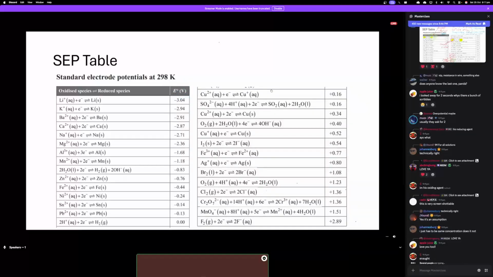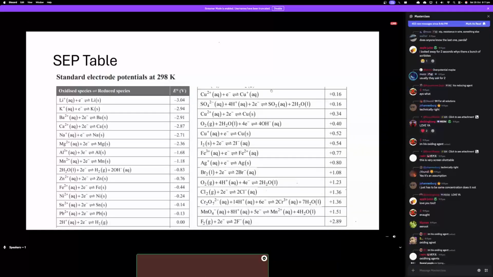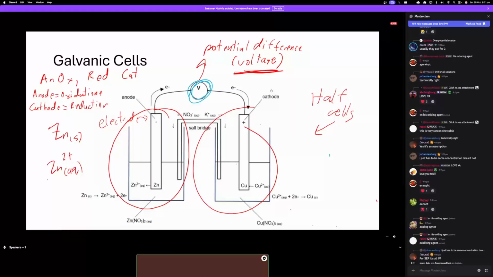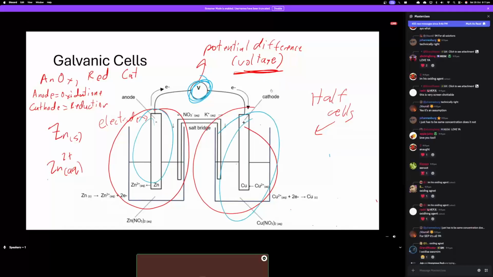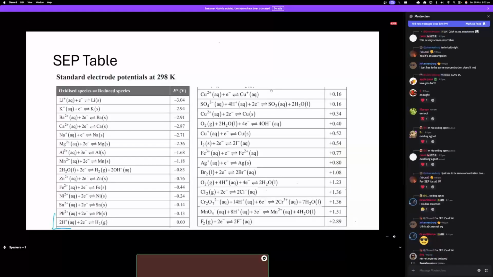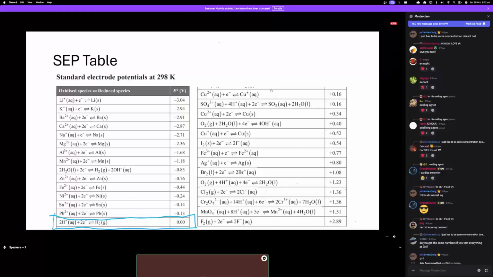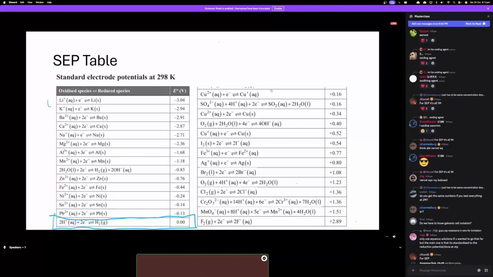These are all voltages, so negative 3.04 volts, etc. Remember in this example we had a voltmeter measuring the potential difference between this one and this one. What these voltages tell you is the potential difference between the hydrogen half cell and anything else.